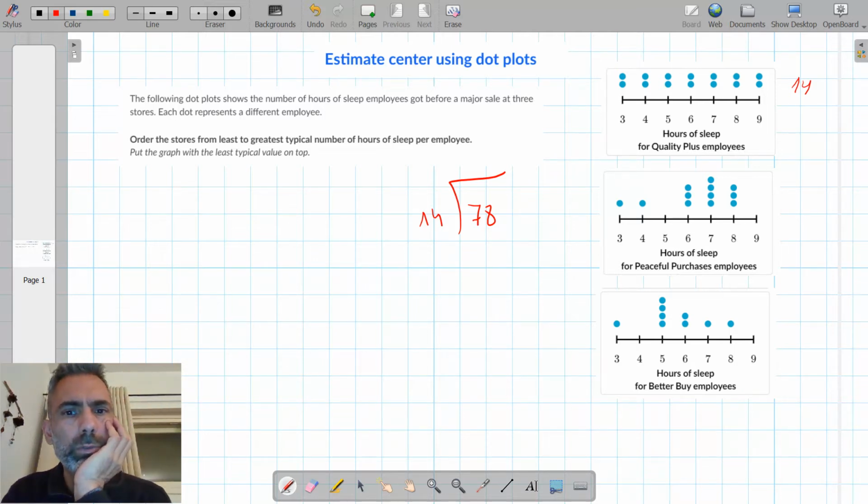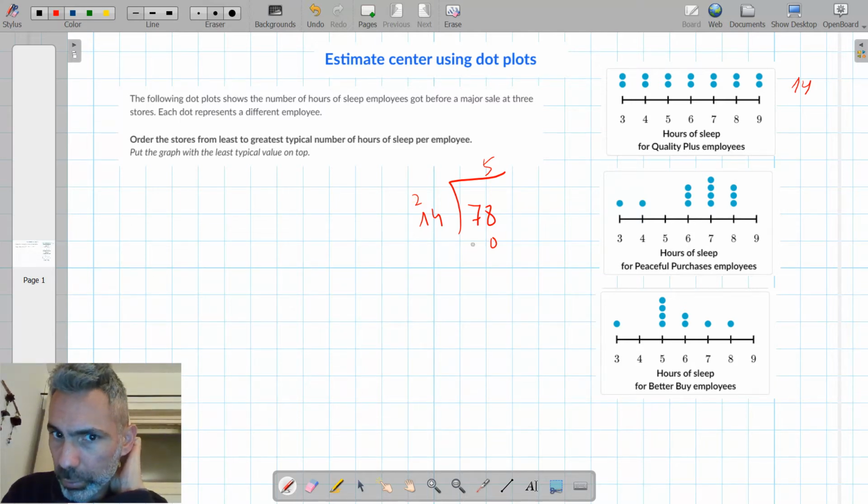Okay, 14 goes into 78 how many times? 5. 5 times 4 is 20. 5 times 1 is 5, plus 2 is 7.